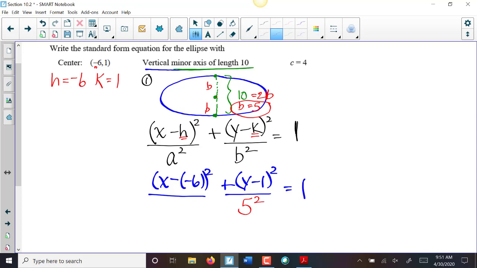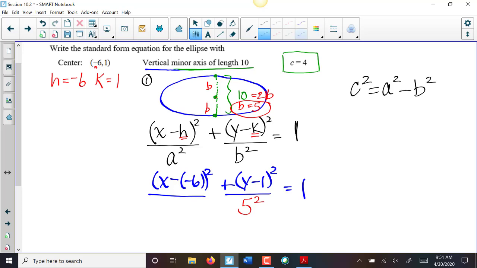Okay, so now all I need to know is a. Well, I haven't been given anything about the length of the major axis that would help me with a. But I've been given this piece of information over here, that c is 4. So I've got b, I've got c, and I need to find a. I can use my equation that relates those three values. I know c squared is a squared minus b squared.